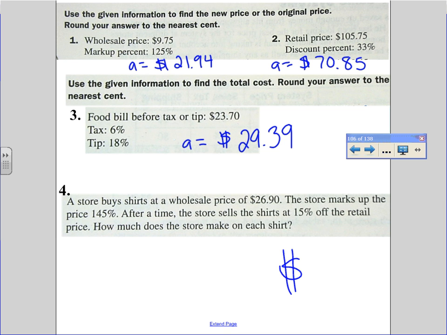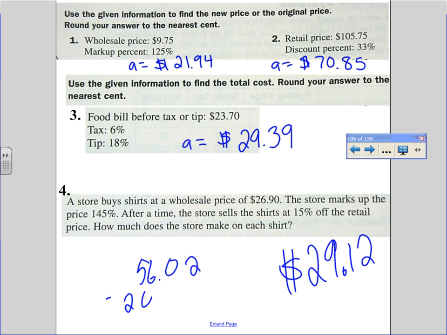Alexis? Awesome. $29.12. Alexis, can you tell us what you subtracted to get that? Minus, you said $26? Okay, that works. $26.09? 90 or 9? There's another way that you can do it, but that works.